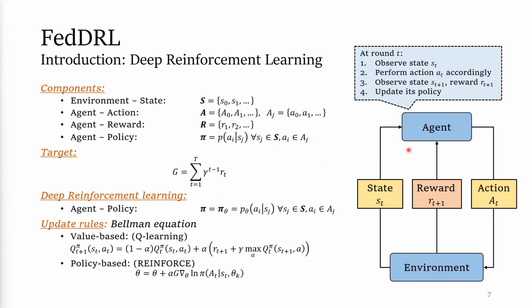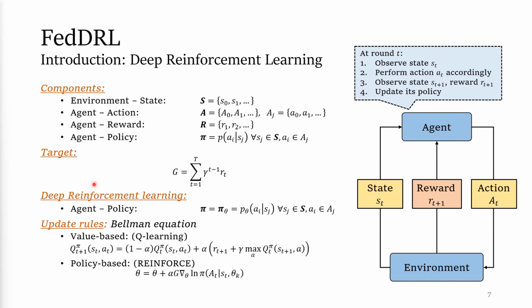At every round, the agent will observe the current states and then perform an action accordingly. After that, it observes the changes in the environment and deduces a reward. And from the reward, the agent will update its policy accordingly so that it achieves its final targets.